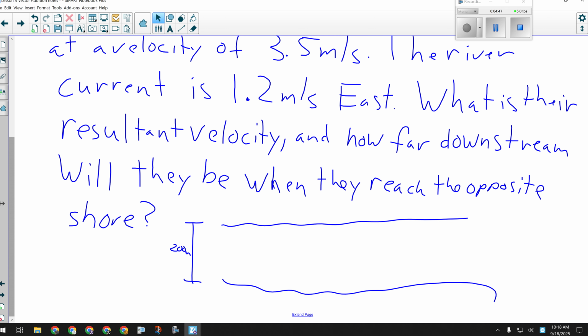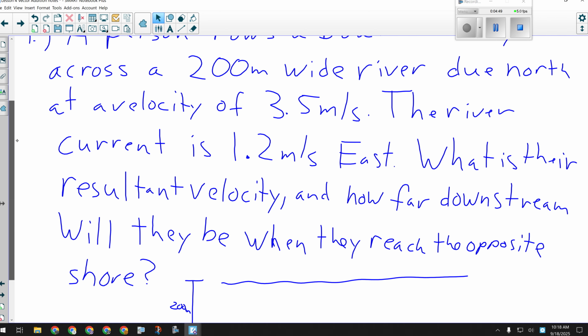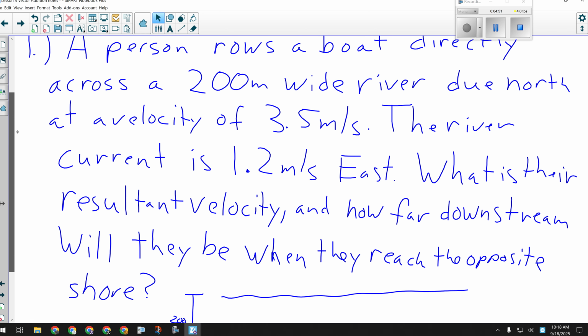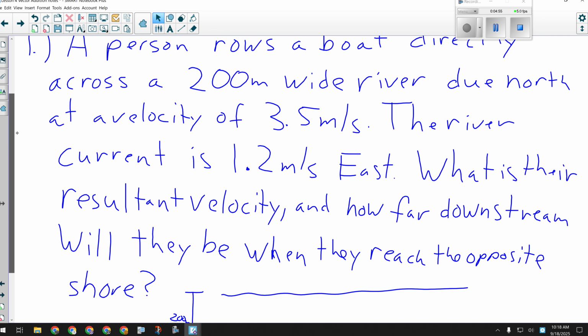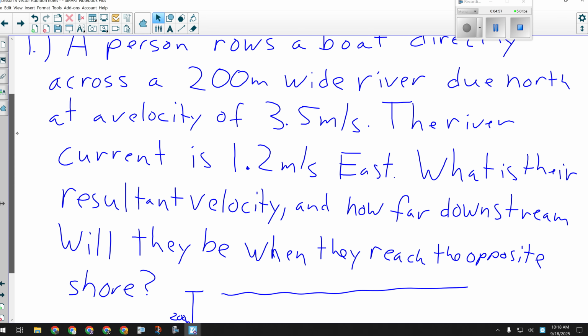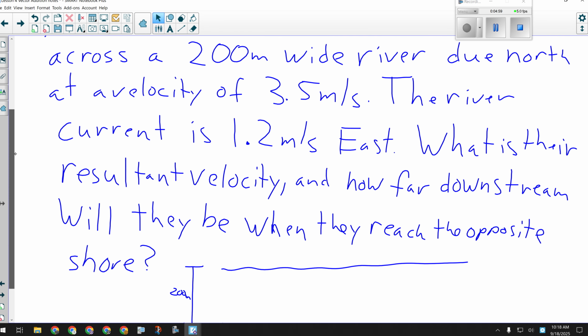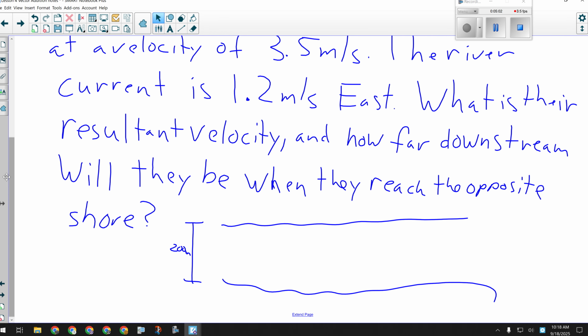The other thing that I know is that this person is really powerful, because they're rowing this boat at 3.5 meters per second. That's fast. It's like an Olympic rowing person. Now, I know that that is directed straight across the river because the question told me that.